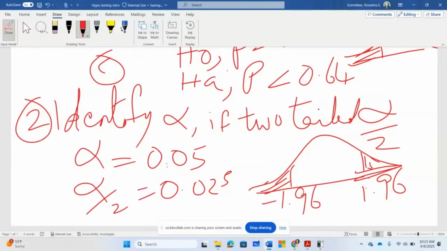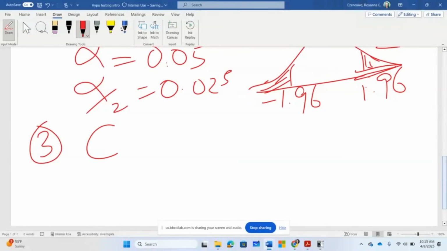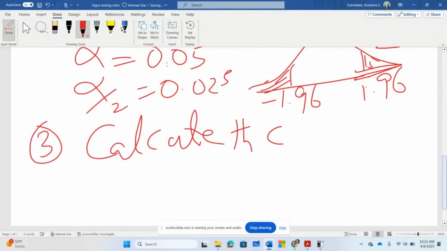So we have done step 2 of hypothesis testing. The next step is step 3. Everybody should know the 5 steps. You must know the 5 steps. Step 3: now that you have alpha, you use alpha to calculate the critical value, CV.